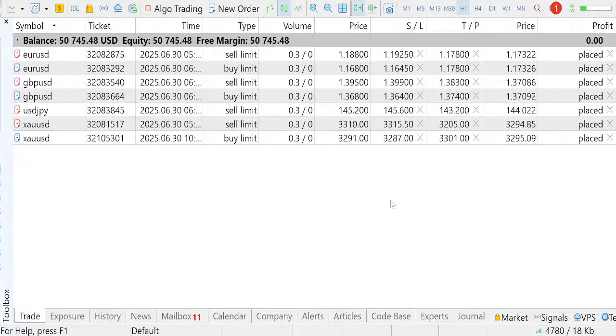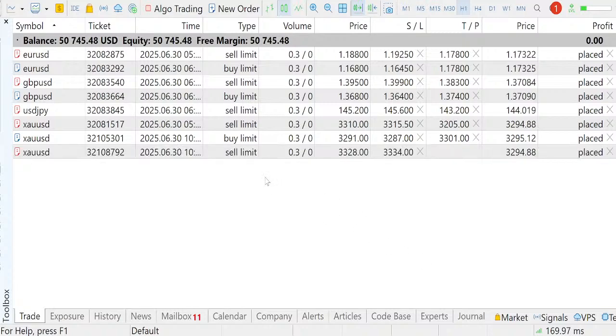The TP I'll give you later. We can put it as today's level, but later on we may want to change it.